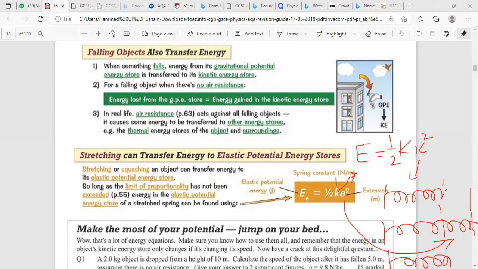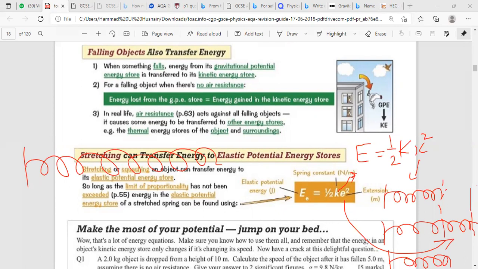Now imagine what happens if we apply so much force that this spring becomes permanently deformed. Let us say we have applied so much force that this spring gets this shape, and now when we release that force, the spring doesn't get back to its original shape.